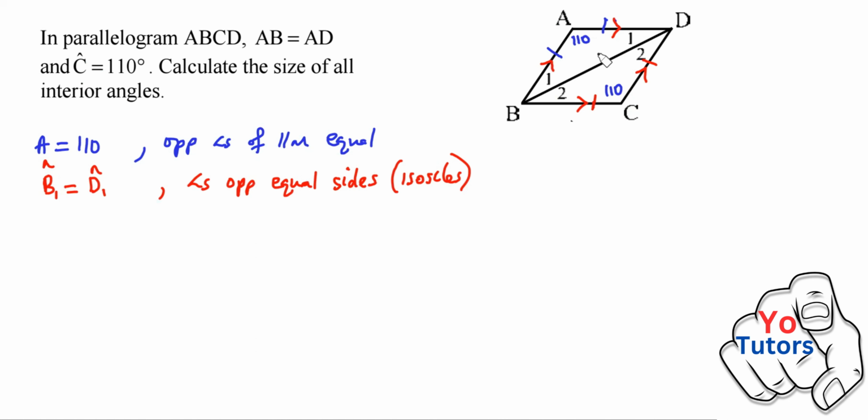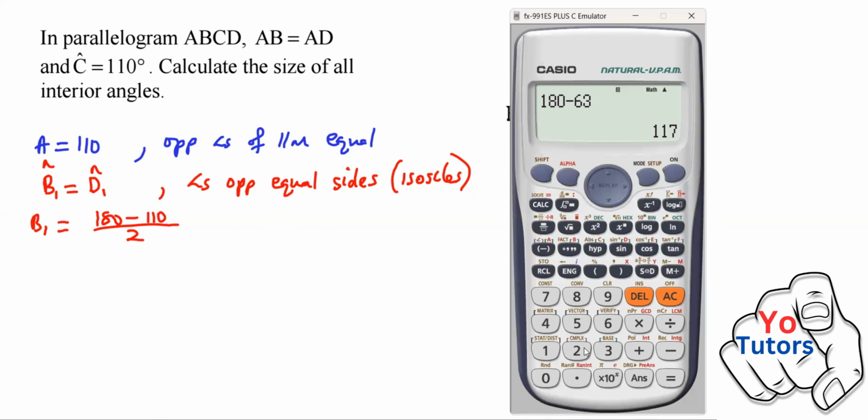Now, what can we say? We can now find B1. So B1 is going to be equal to 180 minus 110, divided by 2. Let's see that. 180 minus 110, we divide that by 2.